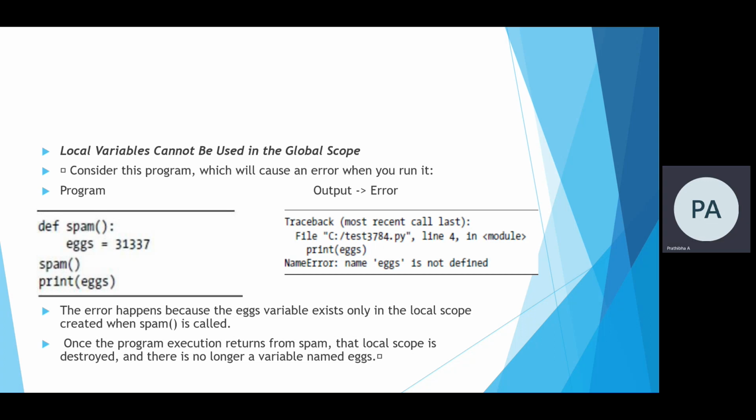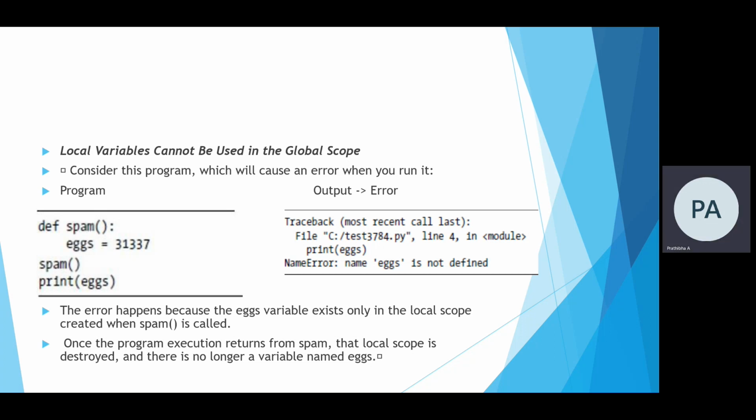That is a traceback error: x is not defined. This x is present inside your function, correct? So that is the local scope.